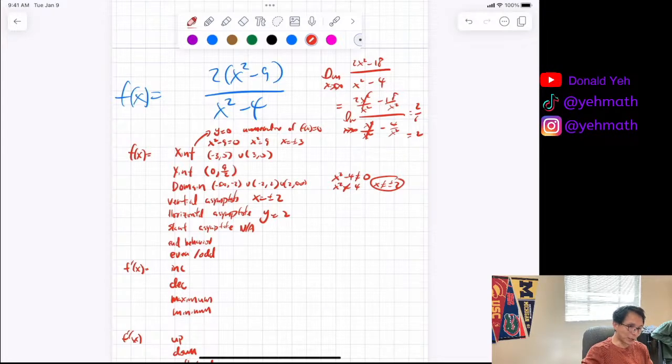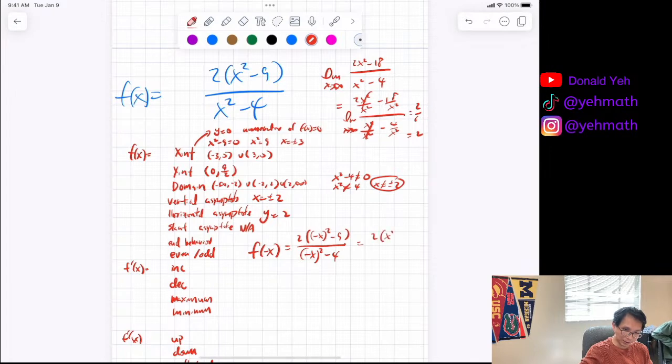Even or odd. How do I know if this is an even or odd function? Well, the best thing is to plug in negative x into the original function. If you come back to the original function, then you are even. If you come back to the opposite, then that's odd. So negative x, so everywhere you have x, you replace it.